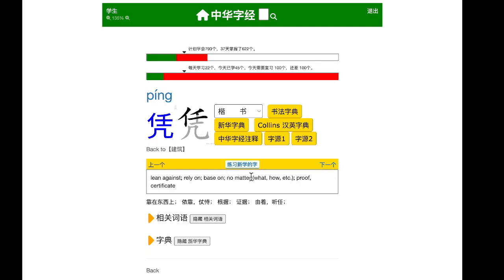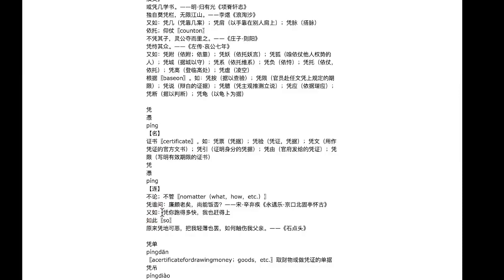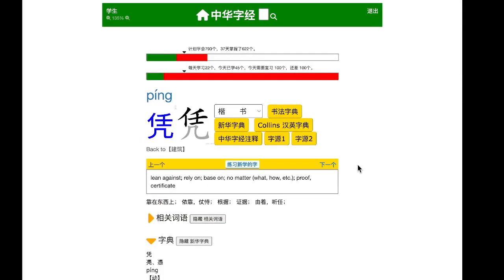It can also mean no matter what, how. In the dictionary here, the example given is 凭你跑得多快，我也赶得上. So like no matter how fast you run, I'm still gonna get you. 凭.